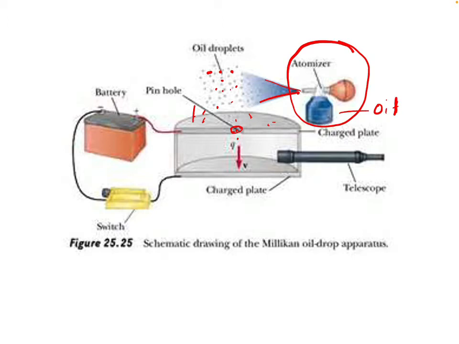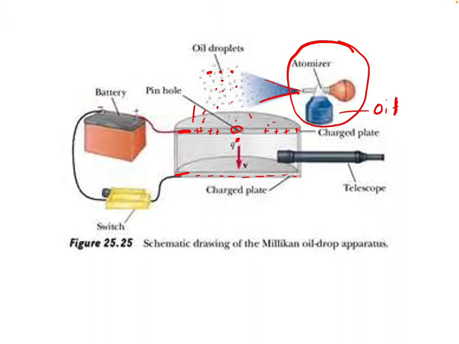Now, what's special about this chamber is it has parallel plates. These are charged, okay, and we can have one that's charged positively, one positive plate and then one negative plate down here. Depending on how this is charged, the droplet will either accelerate downwards faster or, even better, be attracted upwards, right?